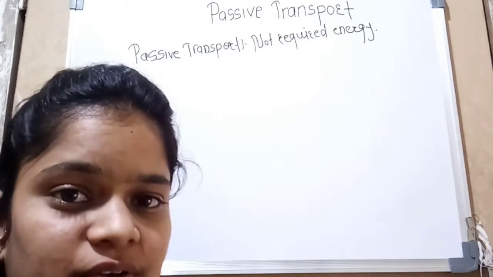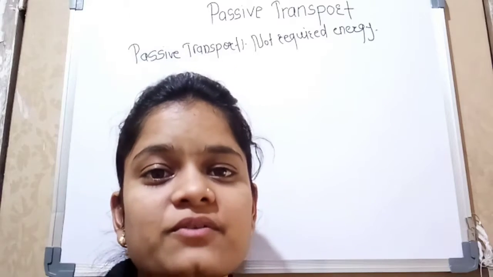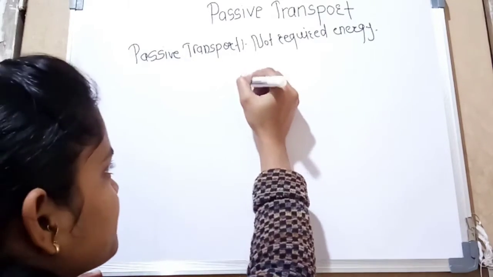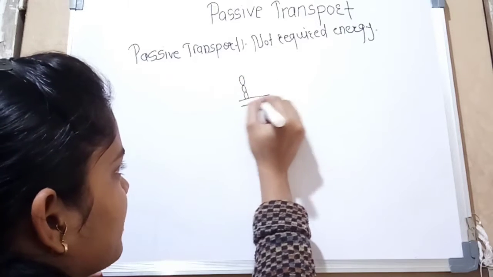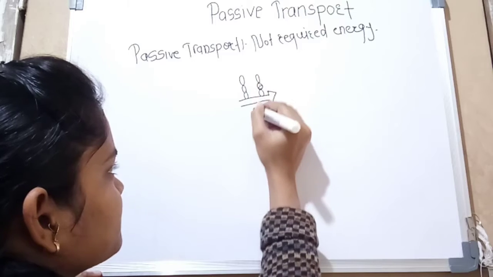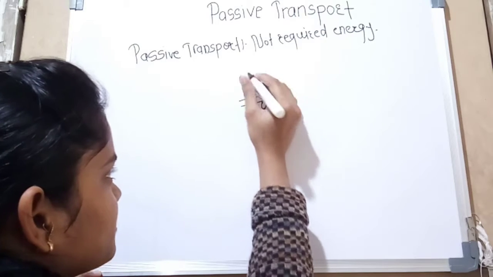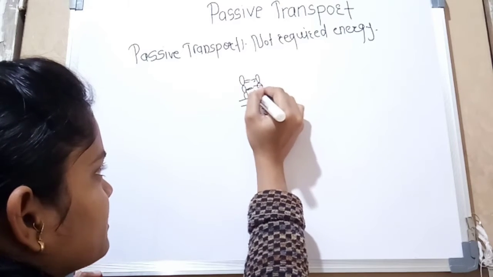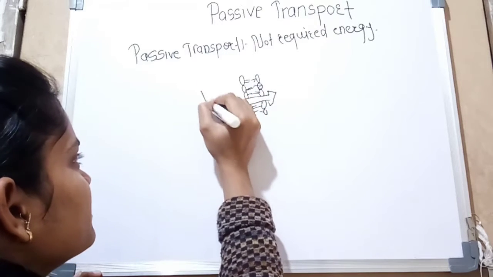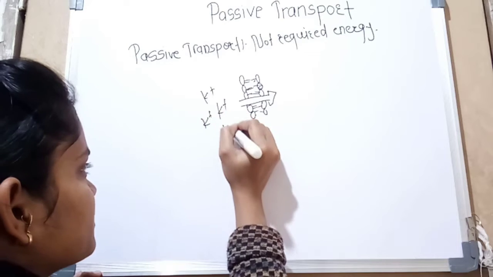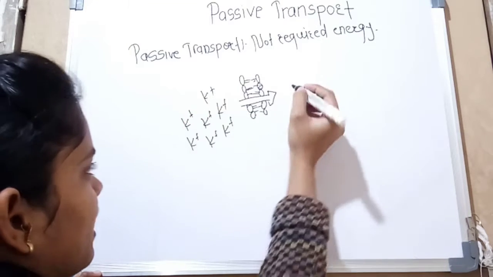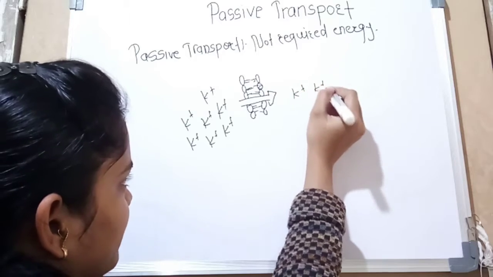The molecules move along their concentration gradient. It means, let's see, this is a plasma membrane with its lipid bilayer. Its structure looks like that. On one side the potassium ion concentration is higher as compared to the other side.